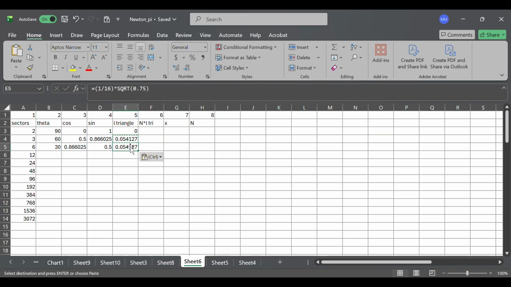Here we can use the actual value of sine 2 theta. The n is the scale factor, and that's always 8 times the number of sectors. The scaled up triangle is just the scale factor times the triangle.